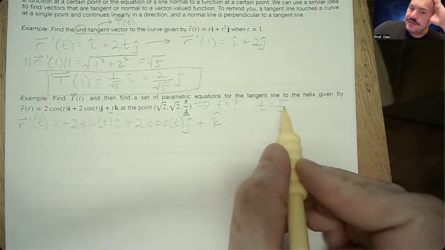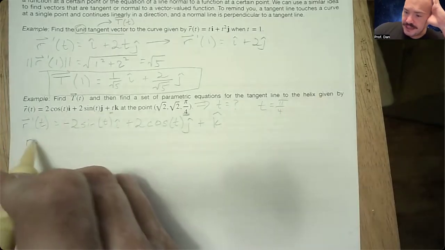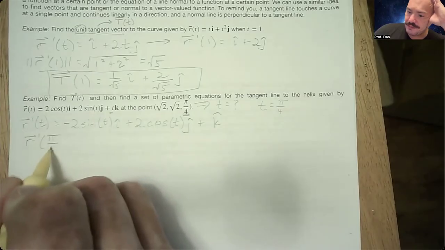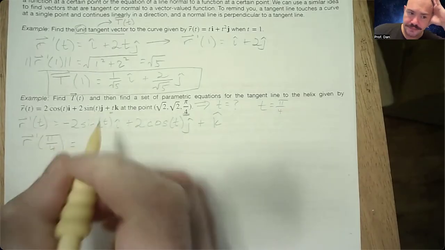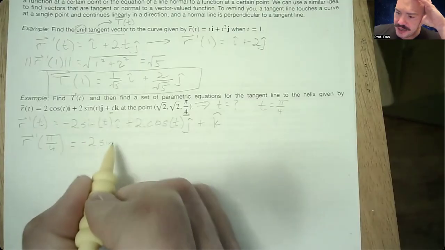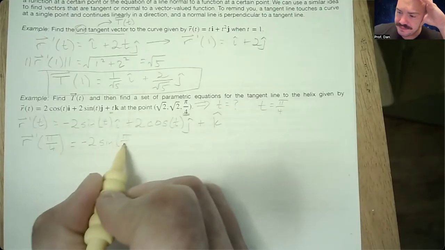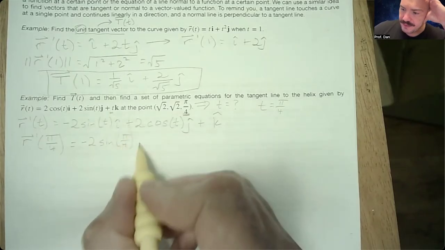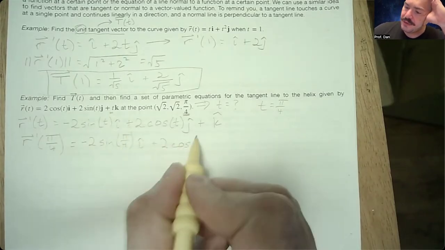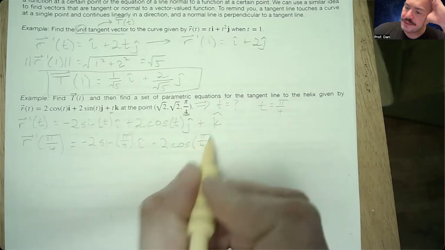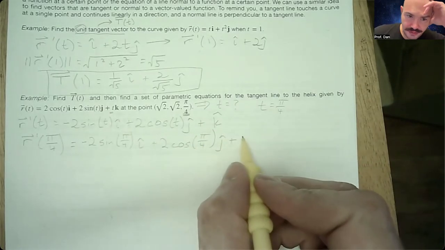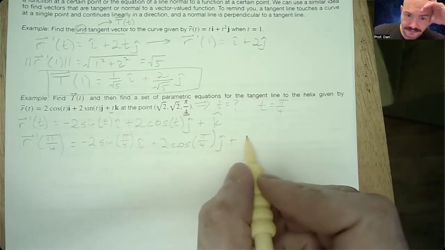So now that I know what the value of t is, I can find my derivative, r prime, when t is equal to pi over 4. So I end up getting negative 2 times sine of pi over 4 i plus 2 cosine of pi over 4 j plus k.